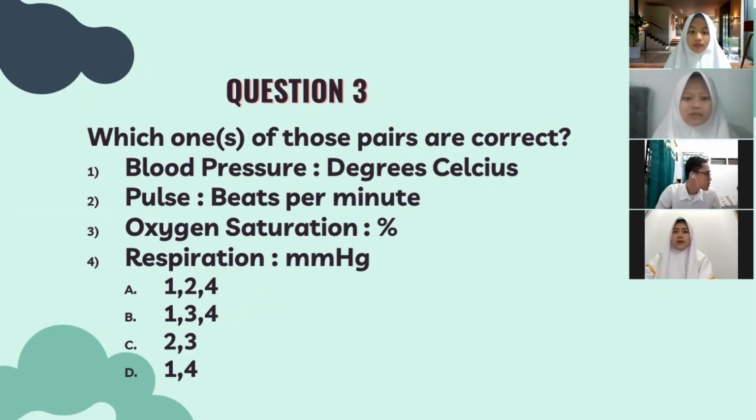The answer is number 3, which is 2 and 3. The correct match regarding the result of the examination of vital signs is pulse and oxygen saturation. And the correct ones are blood pressure in mmHg, and temperature in degrees Celsius or degrees Fahrenheit.